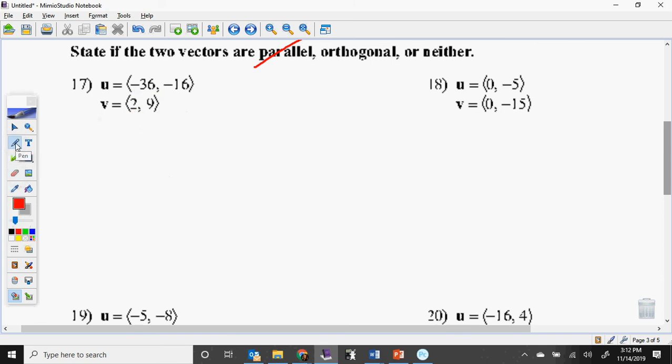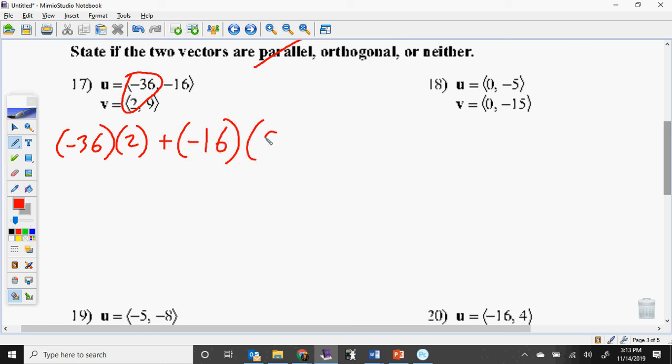Well, if they're not parallel, maybe they're orthogonal. Dot product means I multiply those two together. Actually, let me write out what I'm doing. So dot product: negative 36 times 2 plus negative 16 times 9.